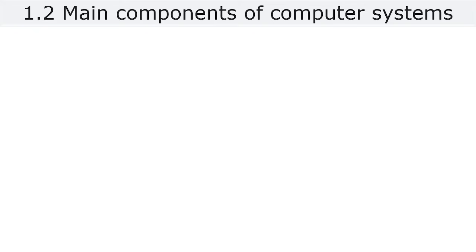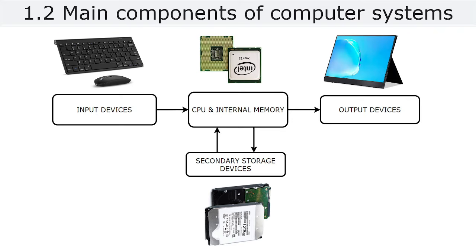Now we're looking at the main component of the computer system. So whenever you talk about the main component of the computer system, think about this diagram. Okay, we have the input devices, and then these input devices communicate with the central processing unit. That's the brain of the computer, which sits on the motherboard.